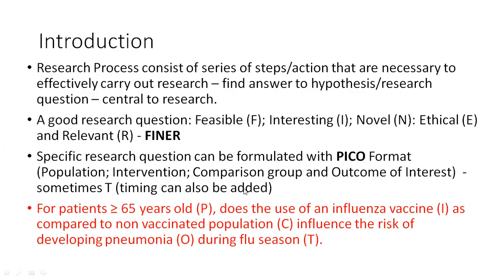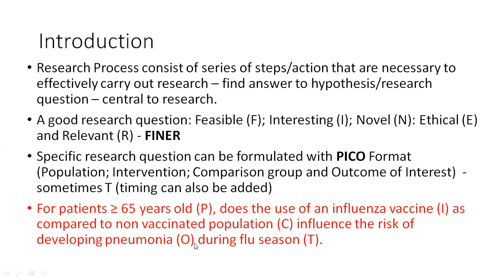For the example I have been giving for the past few sessions: for patients 65 years and older, that is the patient population, we need to assess the usefulness of the influenza vaccine, that is the intervention, as compared to the non-vaccinated population, which is the comparison group. What do we want to find out? We want to find out the influence on the risk of developing pneumonia.